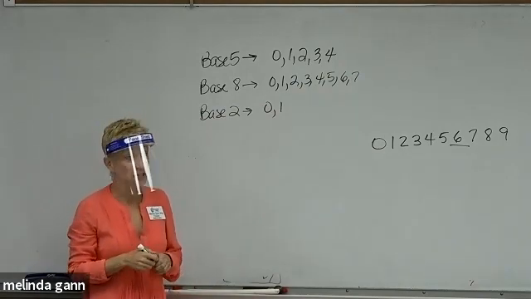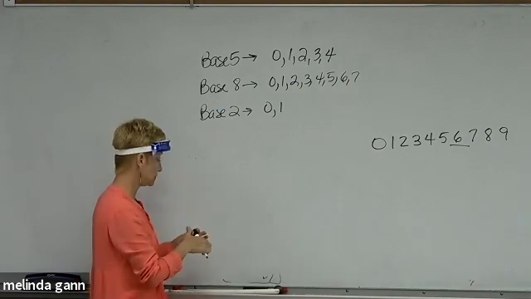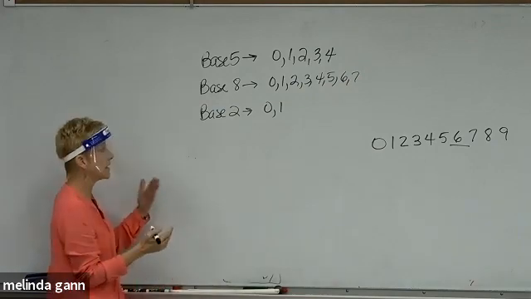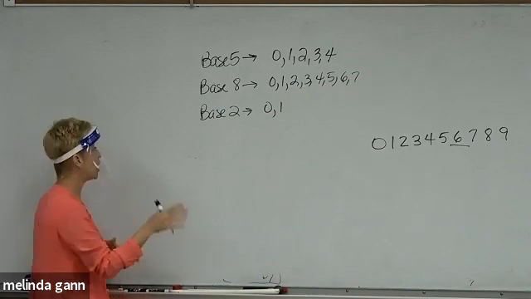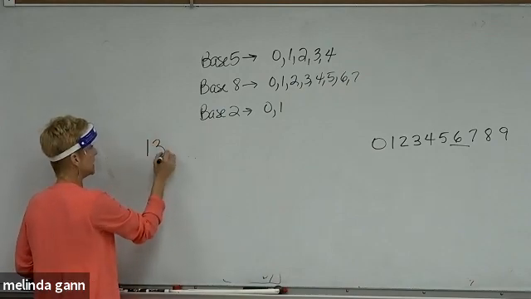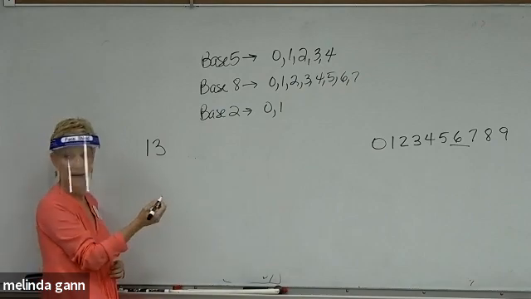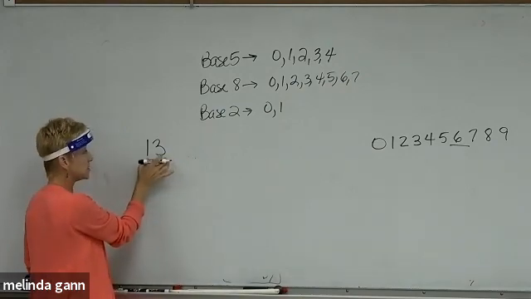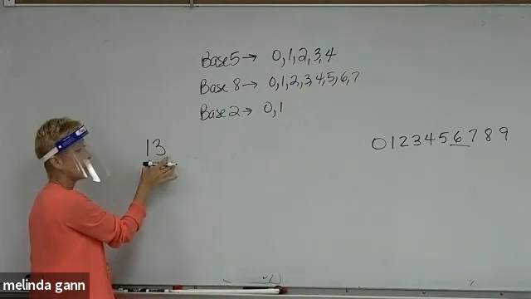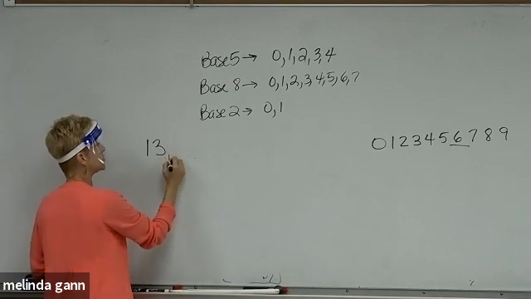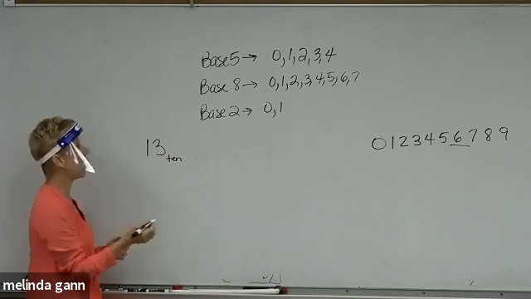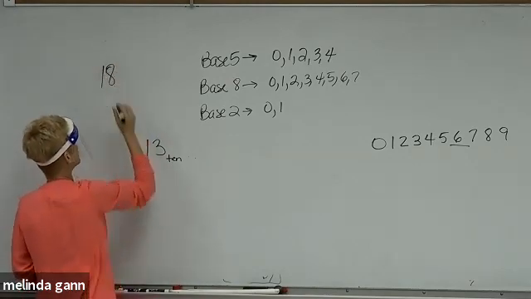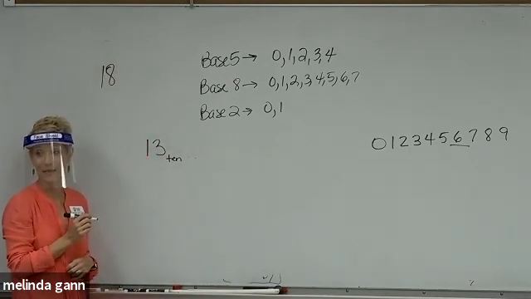Now, here's what I need you to do. I need you to think about base 10 for a minute. If I told you to make a 13 in base 10, now, there's no base showing. So when there's no base showing, it's understood to be base 10. Just like when there's no decimal showing, you know where the decimal really is?